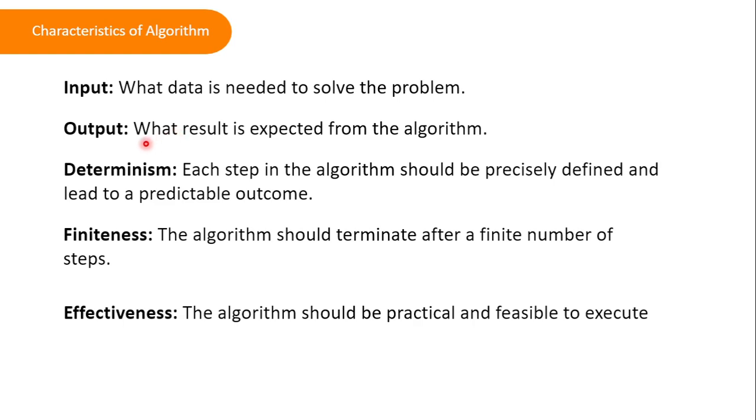Now there is also an output part of an algorithm. What result is expected from the algorithm? We know that when you write a basic computer program, if users enter, let's say, 4 plus 4, we are supposed to get 8 as the output. But if we are not getting an output, the output part of the algorithm is missing.